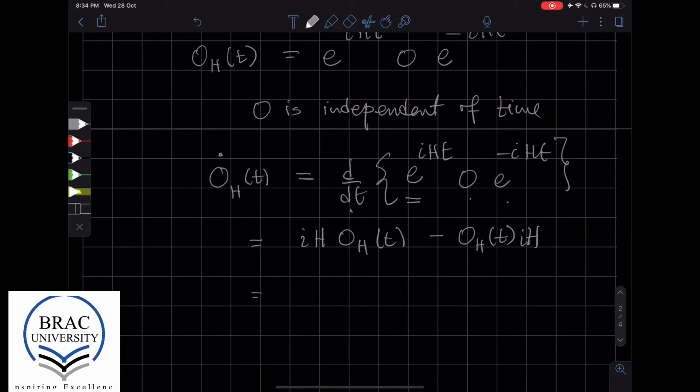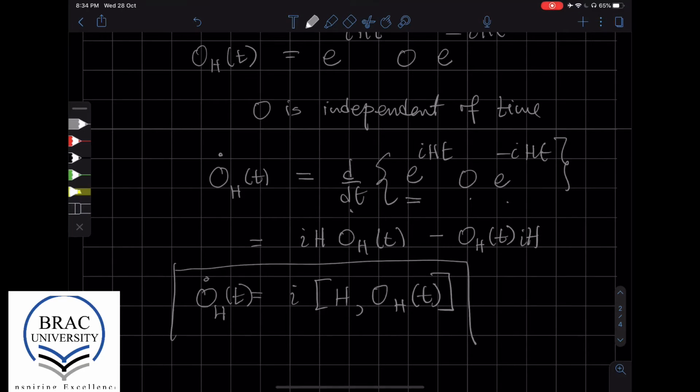Or in other words, we can write this as the time derivative of the Heisenberg operator is given by i times the commutator of the Hamiltonian and the Heisenberg operator. So this is the evolution equation in the Heisenberg picture. This is basically what replaces the Schrödinger equation in the Heisenberg picture.